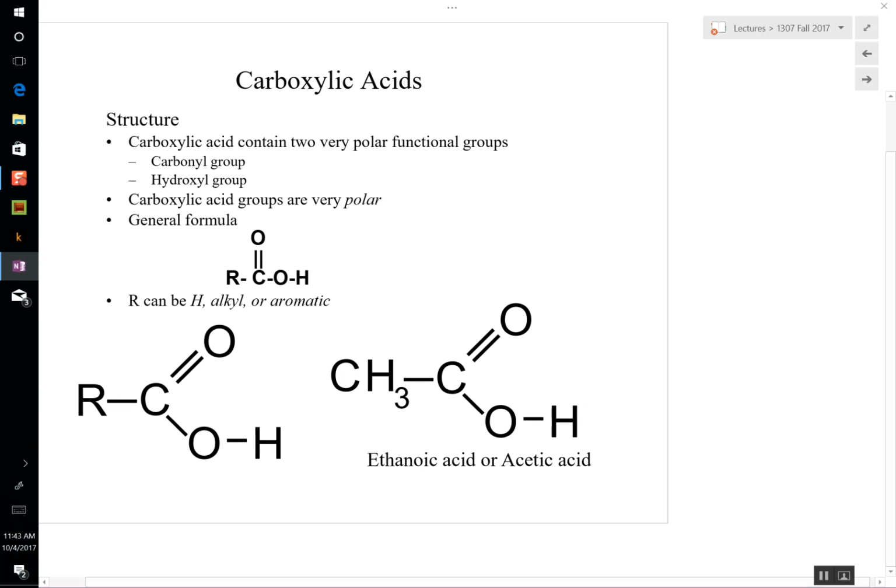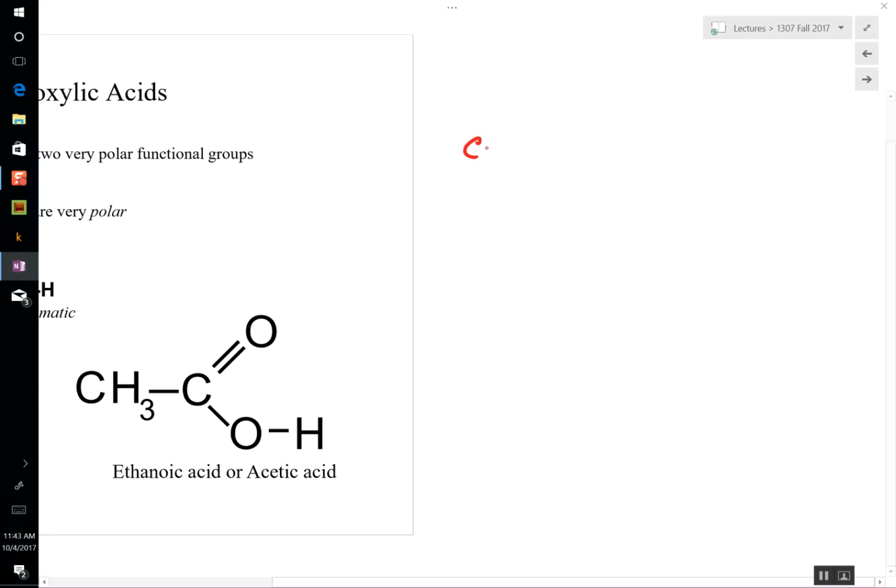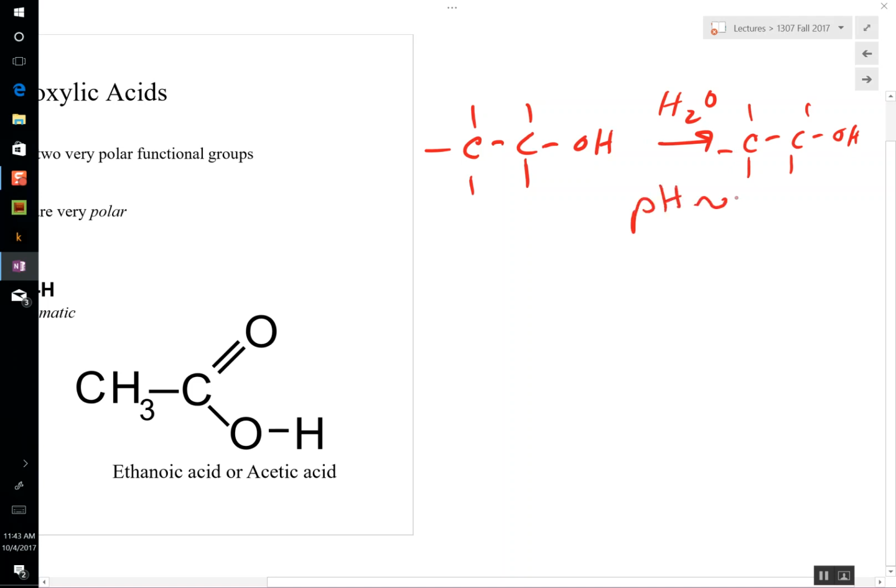Let me just make sure you understand. If we take ethanol and put it in water, it dissolves. But what do you get? You just get ethanol in water. It does not dissociate. What's the pH of the water? It stays around 7. It doesn't make the water acidic. It dissolves in there, but this hydrogen stays on that oxygen.